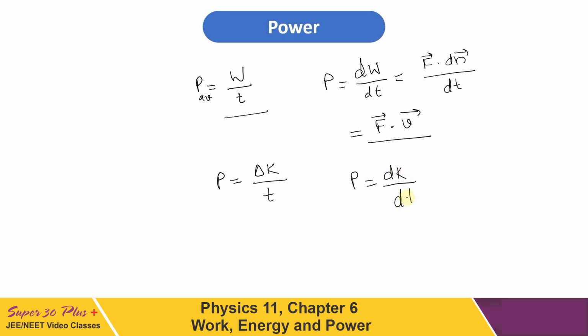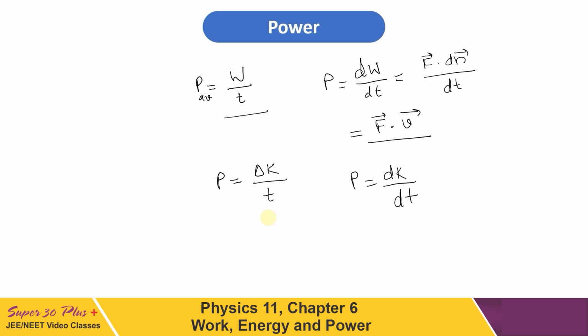Now we have various representations of power. Either it can be written as net work done upon net time, or dW by dt, or vectorially F dot V, or change in kinetic energy upon the whole time, or rate of change of kinetic energy with respect to time. These are all the ways in which we can represent power.